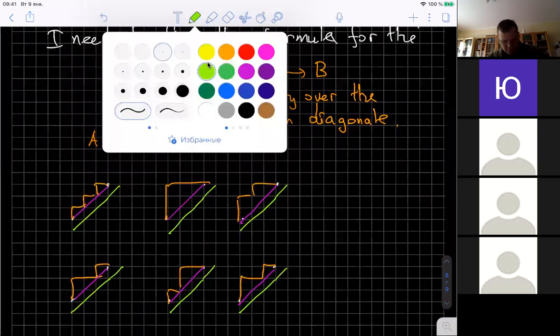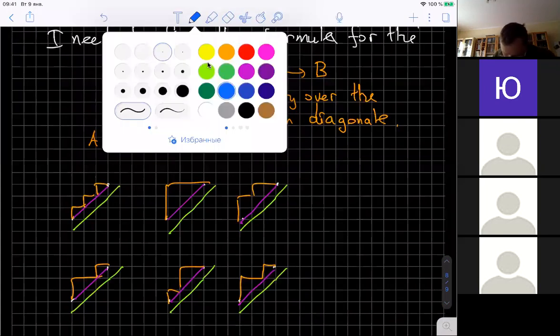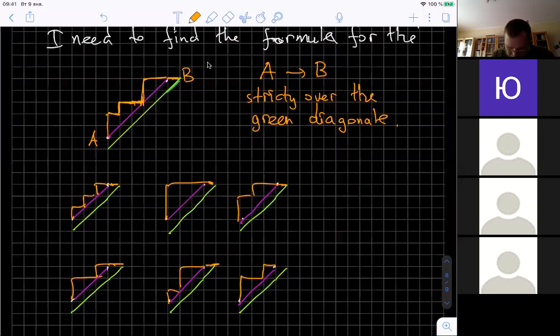So I want to do the following. I want to look at these ways and just take the symmetric over this big diagonal. Let me think for 2 minutes.